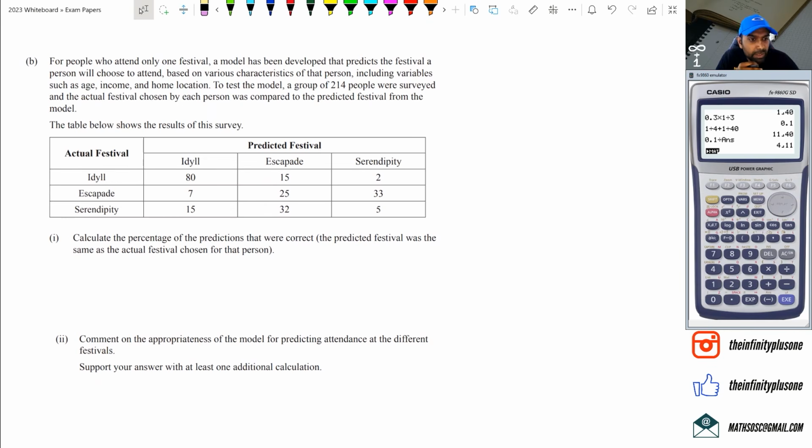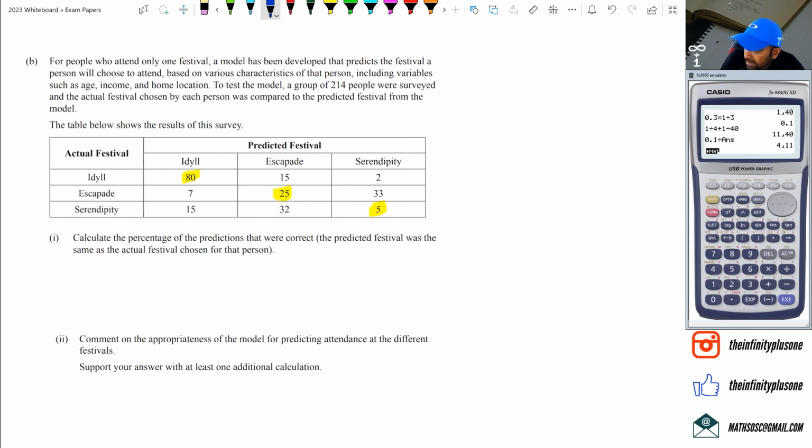Okay, so question B, part 1. Calculate the percentage of predictions that were correct, so they predicted and actually attended the festival. We're going to have 80 that were predicted to go to Idle and actually attended, 25 predicted and attended Escapade, and 5 predicted for Serendipity and attended the actual festival.